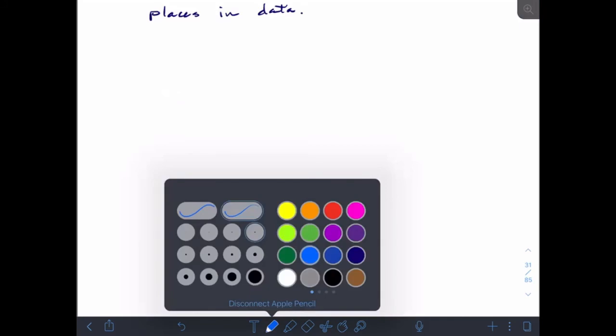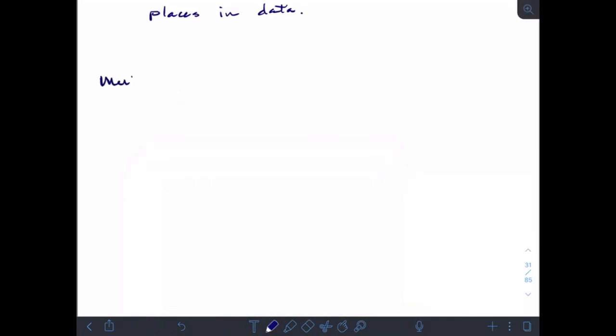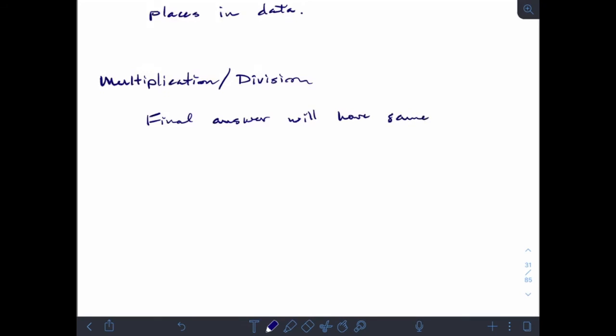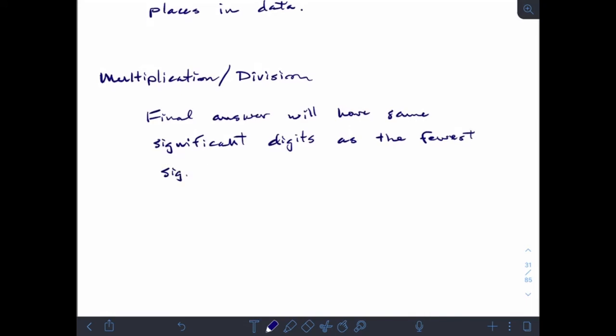All right, so our rule for multiplication division: the final answer will have the same significant digits as the fewest sig figs in the problem or the data. Okay, so the numbers that you're working with.